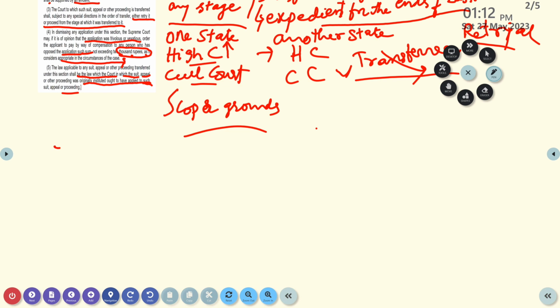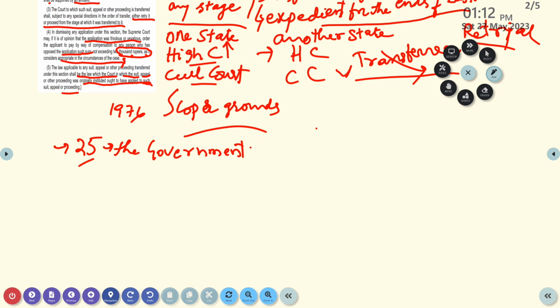You see, section 25 before amendment, that is before 1976, empowered the government, not the court. This is a strange issue.